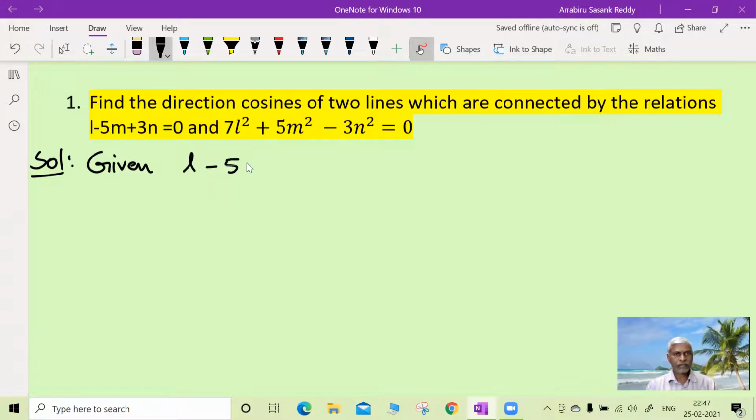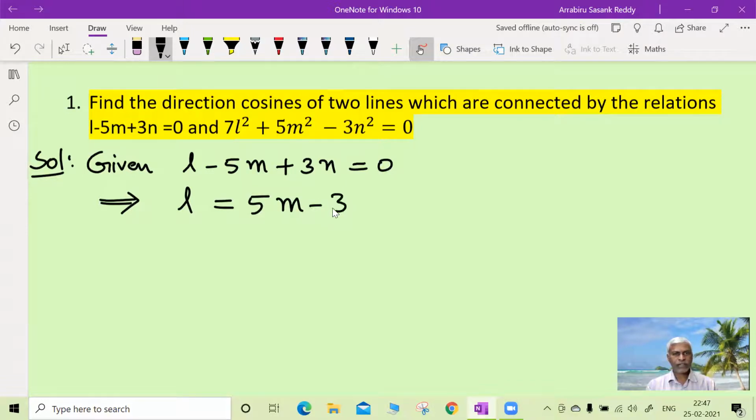l minus 5m plus 3n is equal to 0. From this, l is equal to 5m minus 3n. Let us call it equation 1.